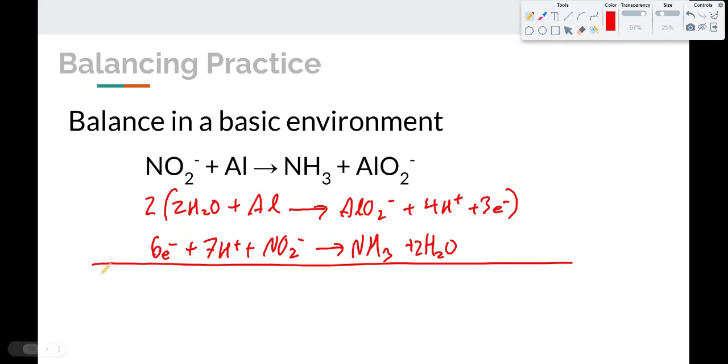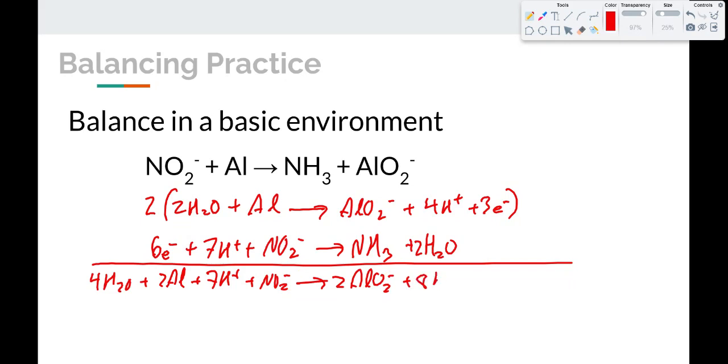When I sum this up, I'm going to have 4H2O plus 2Al plus 7H plus NO2 minus makes 2AlO2 minus plus 8H plus NH3 plus 2H2O.